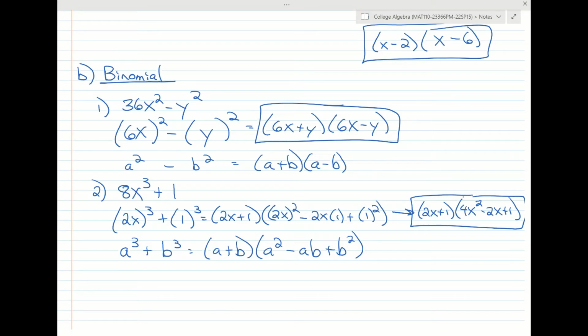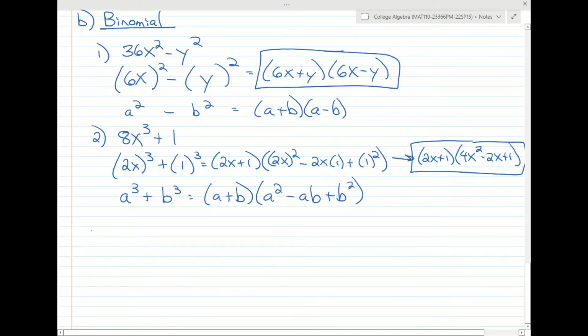Let's see. What if we had something like this? About 4x. Let me see here. 16x to the second minus 1.